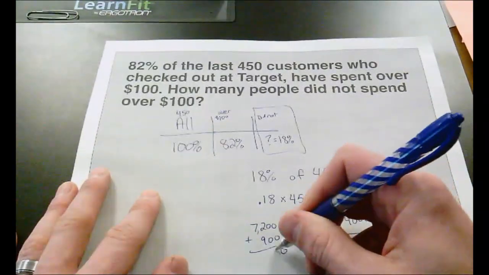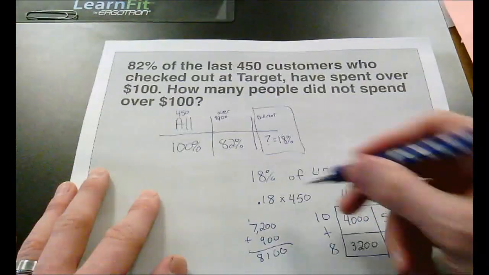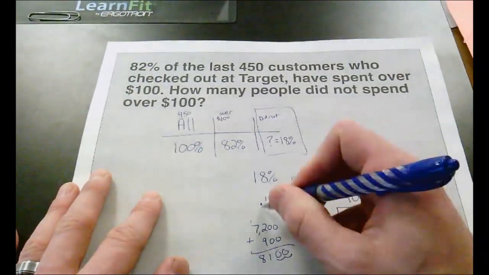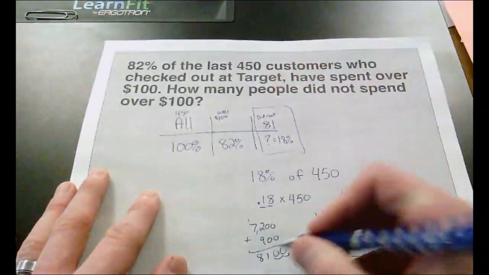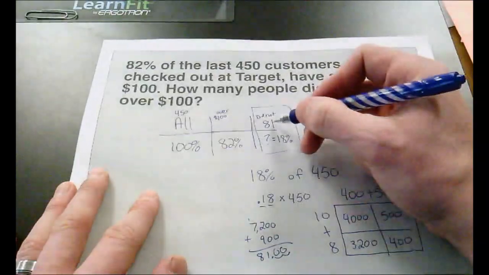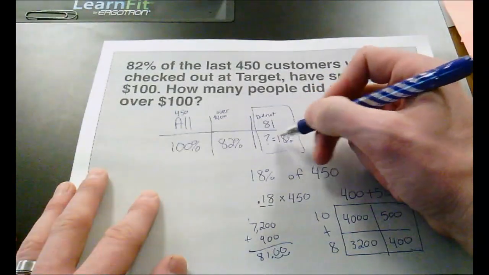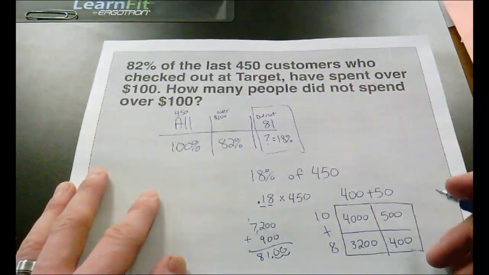If I add these together, really 8,100. Well, it's actually 18 hundredths, so we have to move our decimal back 2 place values, and we end up with 81 people. So we put our decimal there. 81 people did not spend $100, which is 18% of the 450. 81 people did not spend over $100.